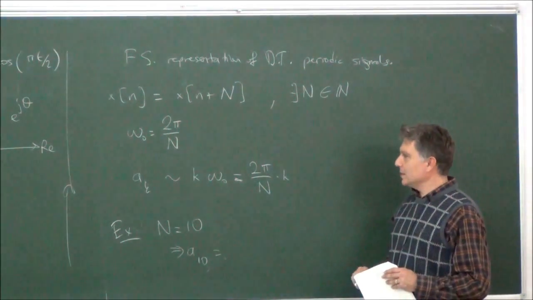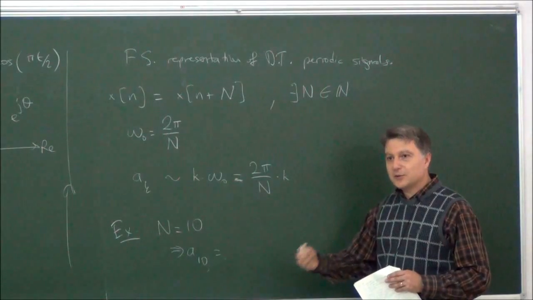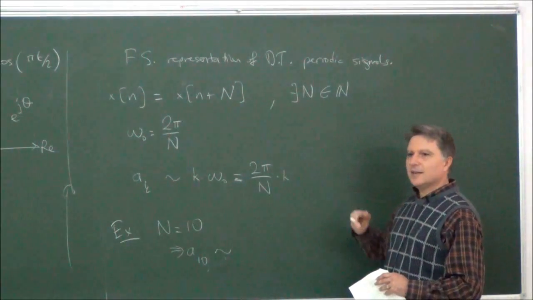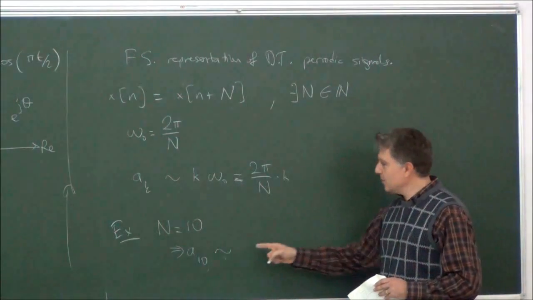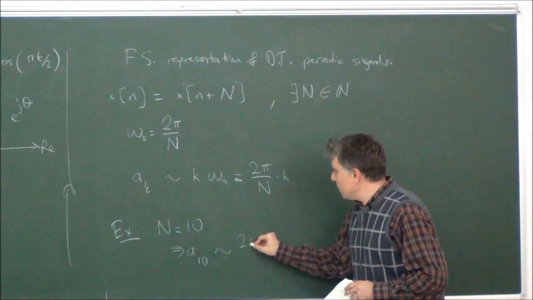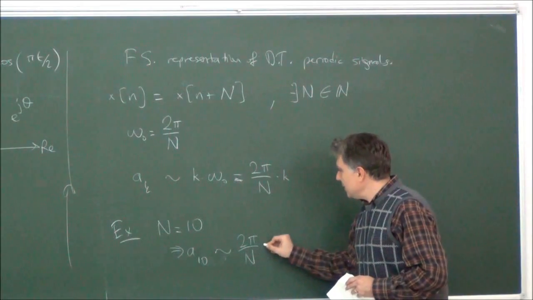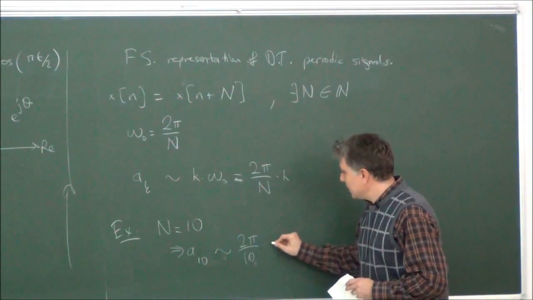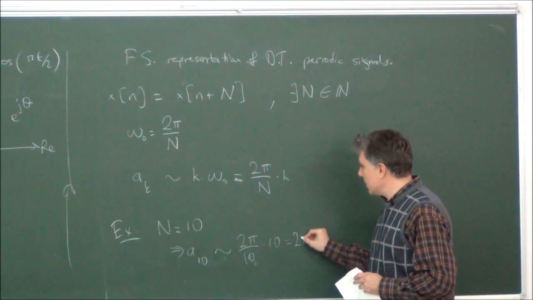What is the corresponding frequency of a_10? I'm putting a tilde for the frequency of this 10th harmonic. It is equal to 2 pi over N times 10, that is equal to 2 pi.